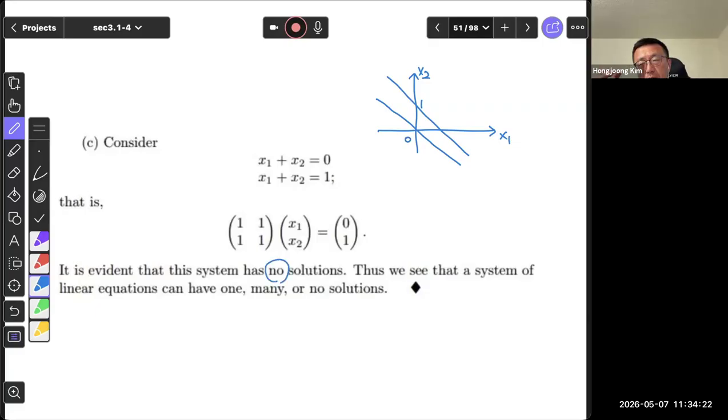So these three examples show that there are three possibilities for a linear system. There may not be any solution at all. Sometimes you have only one solution, or sometimes you may have many solutions. So there are only three possibilities for a linear system. If you find two solutions, then that means you have infinitely many solutions.